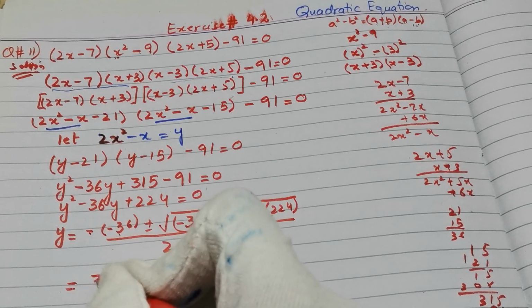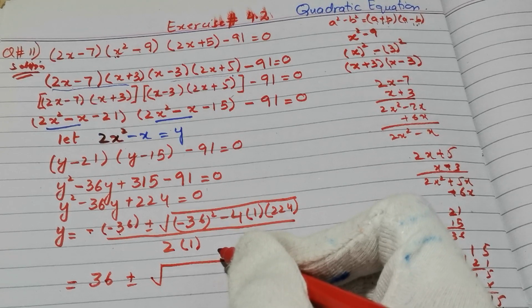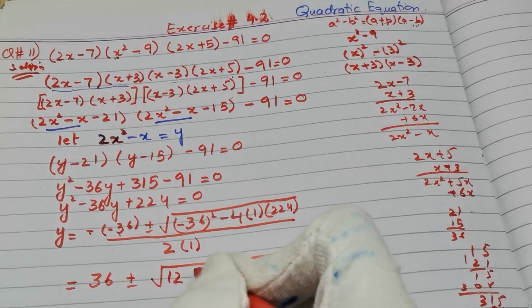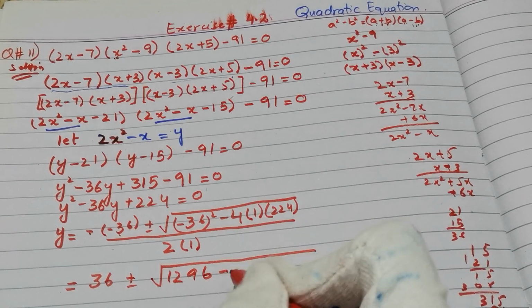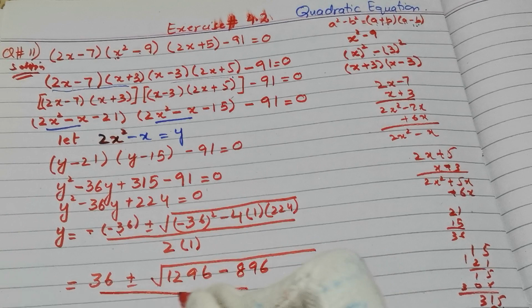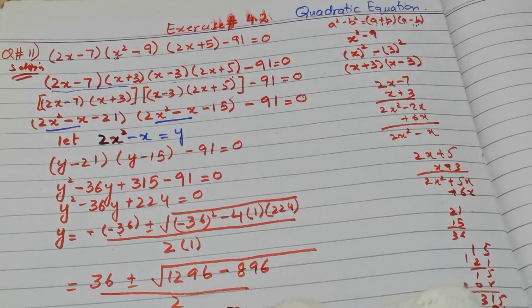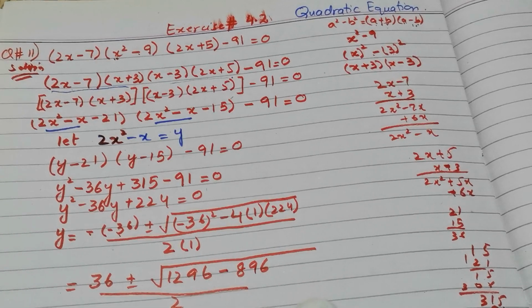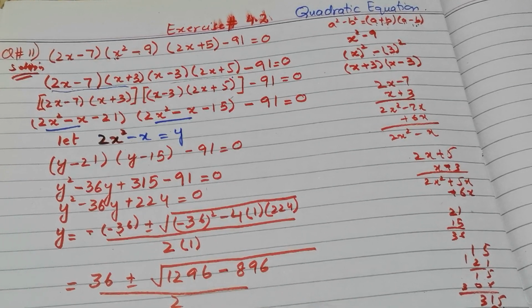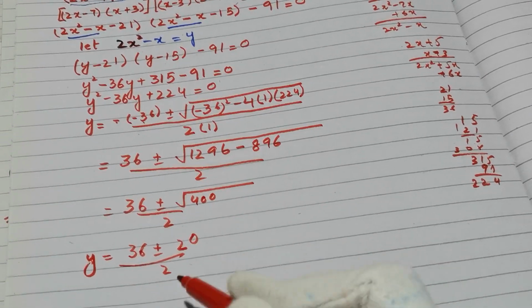So minus into minus is plus: 36 plus minus under root 36 square, 1296, minus 224 into 4, what will we get? 896, whole divided by 2, is equal to 36 plus minus under root 400 divided by 2. 400 is the square of 20.